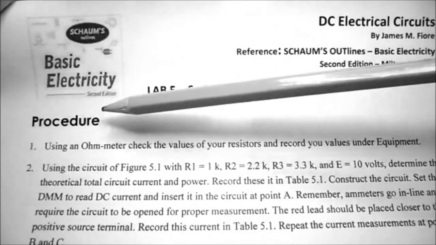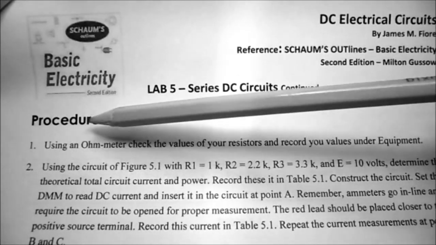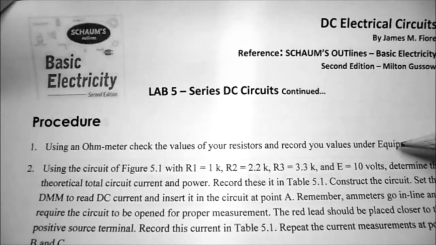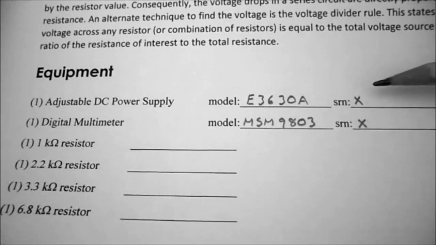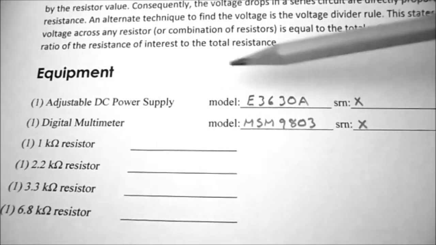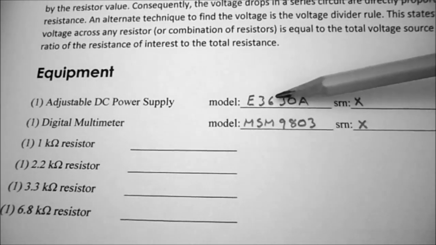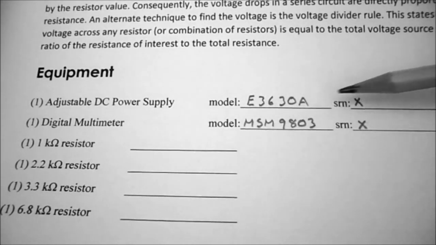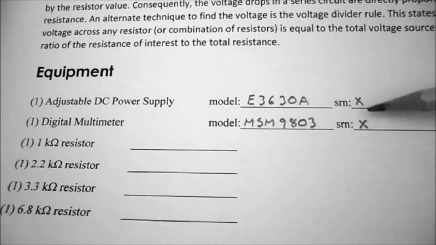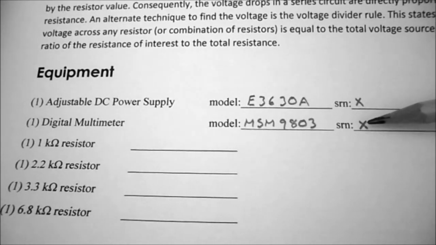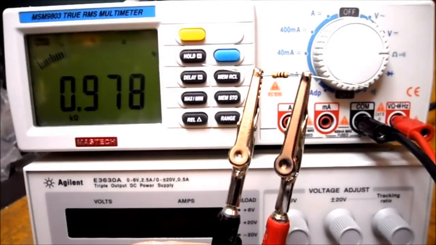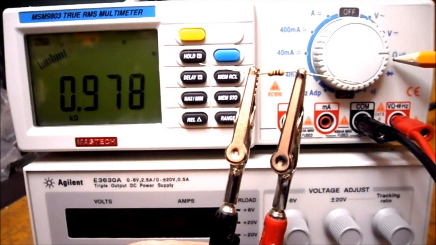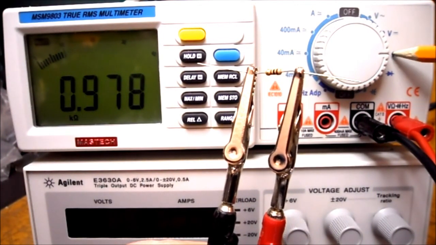In the procedure, step number 1, we're going to use an ohm meter to check the values of the resistors and record your values under equipment. Under equipment, I've recorded the model number for the power supply and the model number for the digital multimeter, Xing out the serial number since they were too hard to locate. To measure resistance, I have my digital multimeter set to the ohm symbol.